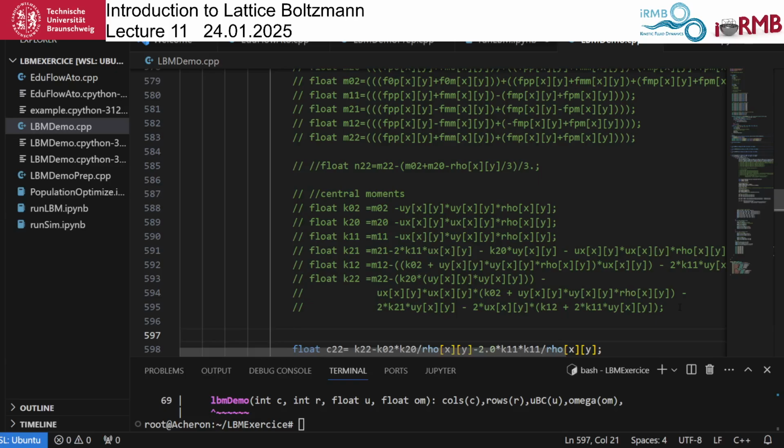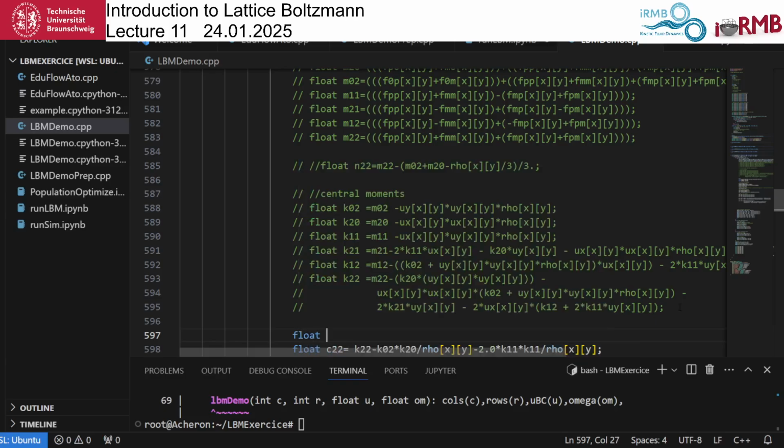So now we want to do this in-place transformation. This means we have to initialize our quote-unquote moments with the populations in the right order.